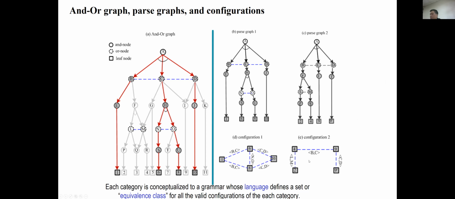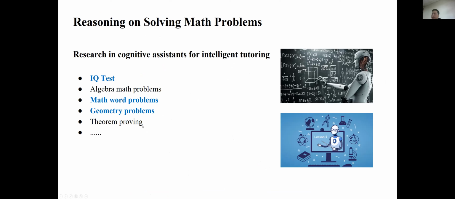you have different configurations. So we are going to use this representation to solve a sequence of mathematical problems, including, today I would present three typical examples. One is the IQ test. Second one is math word problems, and the third is geometric theorem proving problems. As you may know, most of this kind of math, algebra, or geometry problems are abstractions of some real-world scenarios.